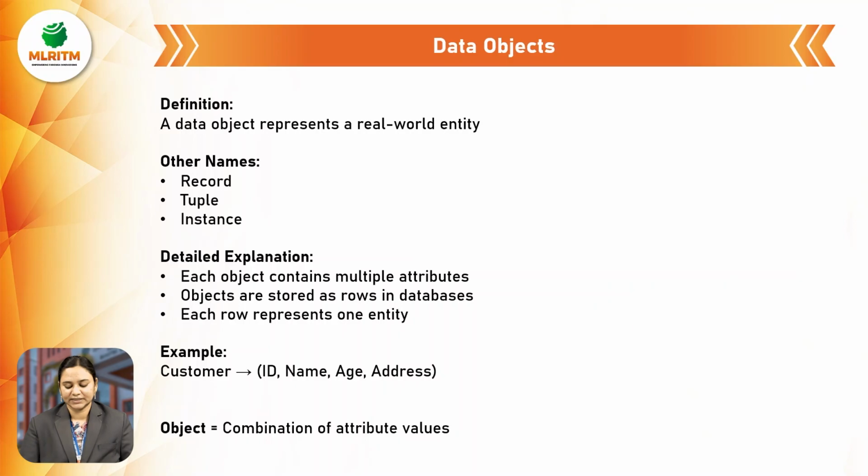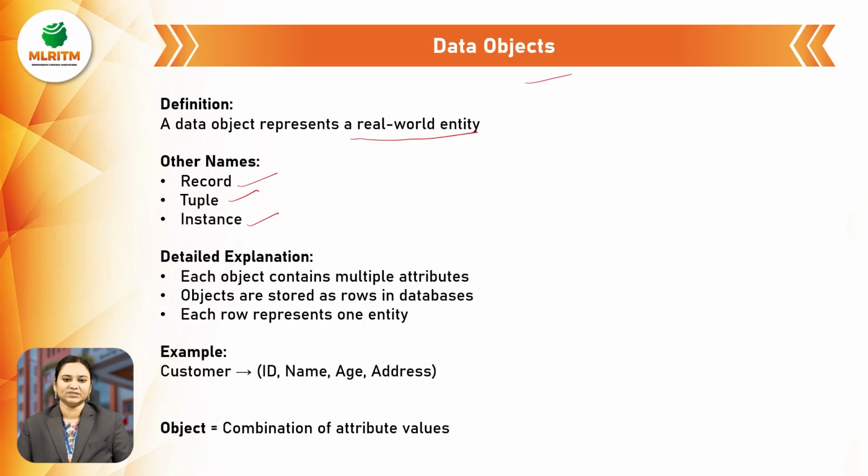The next one is data objects. Data object definition: a data object represents a real world entity. We have some other names for data objects. Those are record, tuple, and instance.